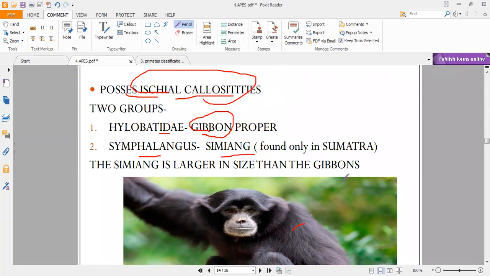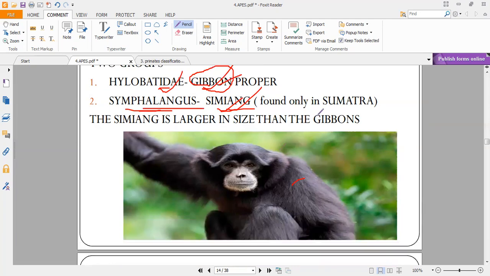Proper Hylobatidae is represented by gibbon only. But there is another species called siamang, which also looks like a gibbon, so we keep them together. But we have put the siamang into the group Symphalangus. This siamang is found only on Sumatra Island of Indonesia. If you compare their body size, the siamang is larger than the gibbon. So this is all about gibbon.